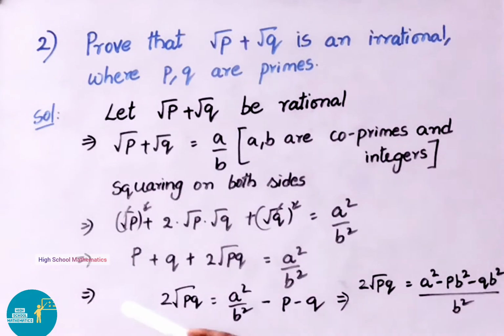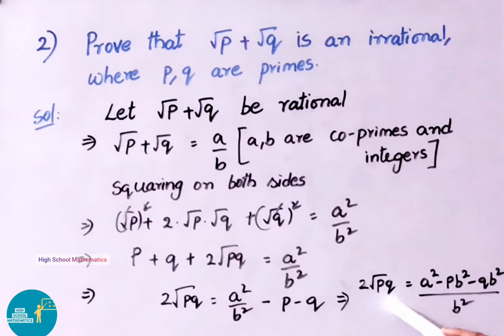Next step, that implies 2 root pq equals a square by b square plus p and plus q on transposing, they are minus p minus q. So 2 root pq equals, here as the denominator will be b square, this value will be multiplied for p and q.